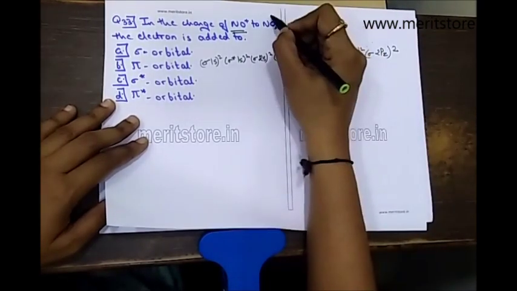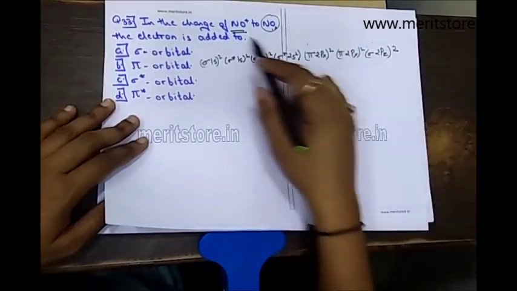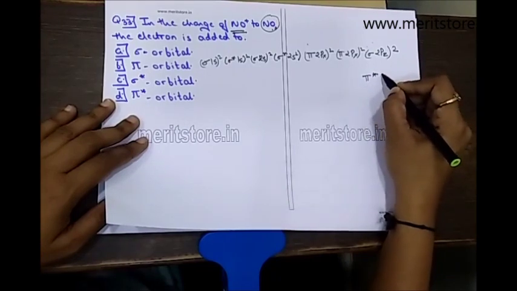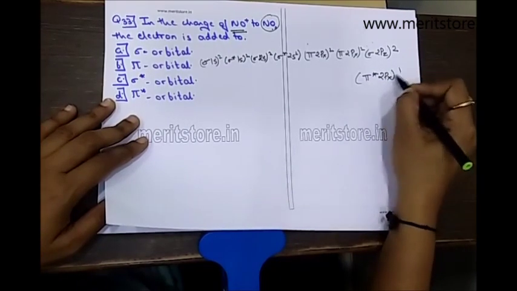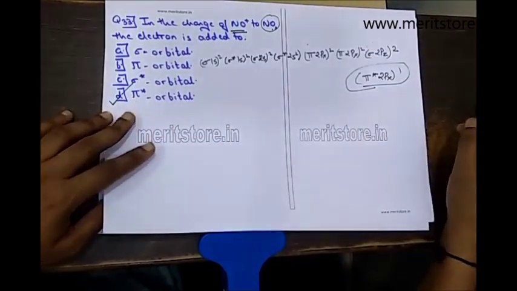When I'm talking about the molecule NO, you're adding one electron over here. Since all the orbitals of NO plus are completely filled, now the next electron will go to the pi star 2px. And since it is going in pi star, our option is D.